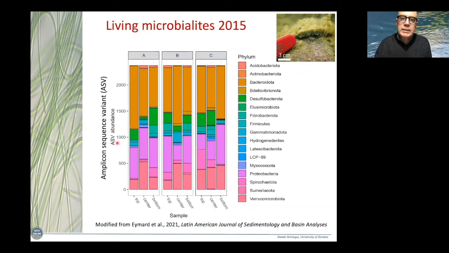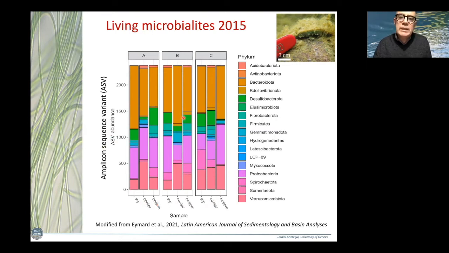And we did this analysis that you see here, and to our surprise, these are different samples of these living microbialites that we sampled at a millimeter scale, meaning top, center, and bottom in 3 different sites.